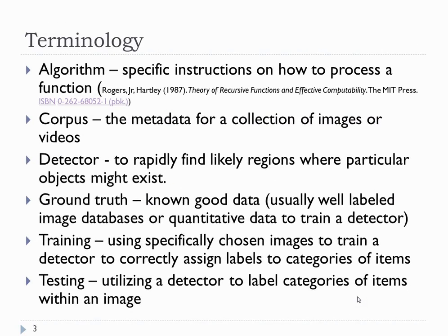The terminology page. I'm not going to go terribly deep into this, but I had to learn some of it in order to understand what computer vision was all about. The biggest one of all, obviously, is: what is an algorithm? It's a fancy word. Basically, it's how we are going to process a function, whether a detection function or a testing function.